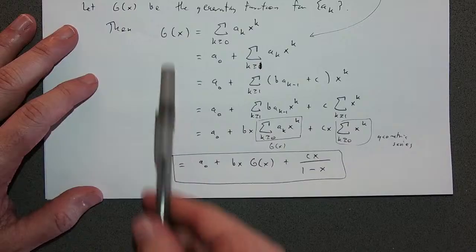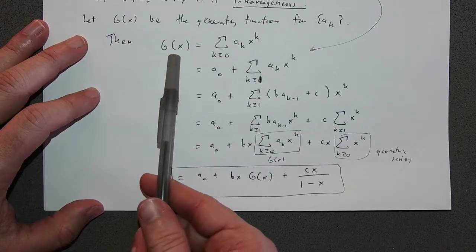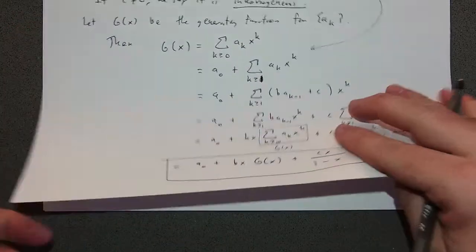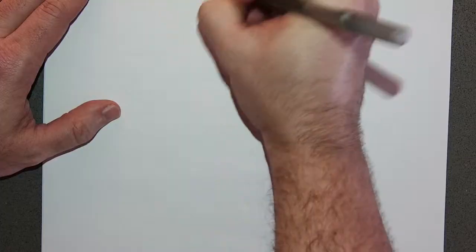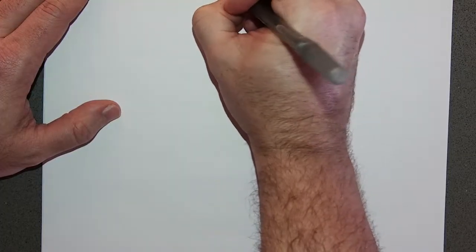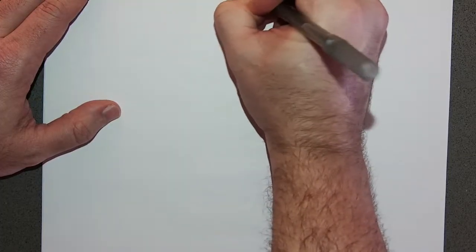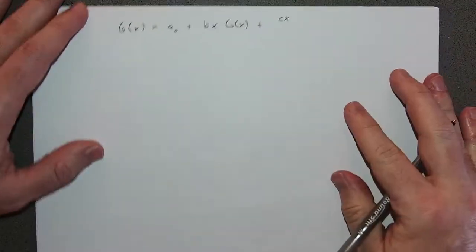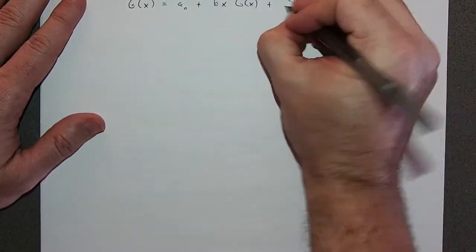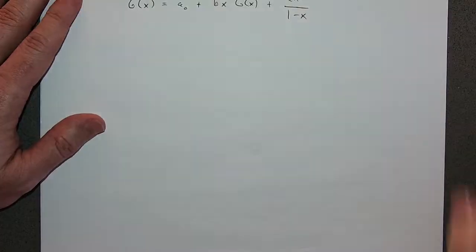So then solving for g, remember we started with g of x is equal to this, so let's rewrite that up here. Our generating function g of x is a naught plus bx g of x plus cx over 1 minus x.